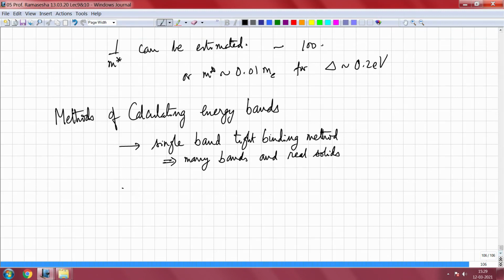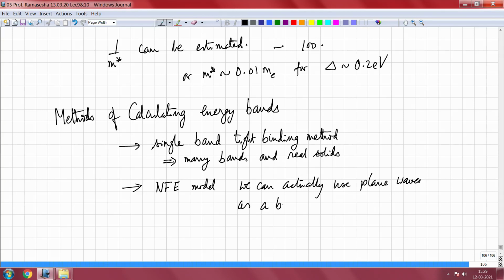And we also did another one, which is the nearly free electron model. In the nearly free electron model itself, we can use plane waves as a basis and obtain band structure.